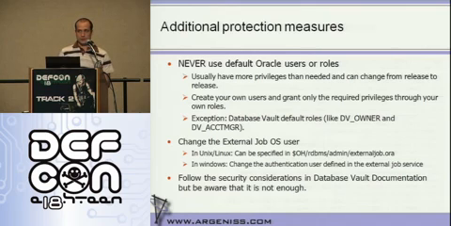We should take into consideration that we should never use the default Oracle users or roles. They generally contain a lot of system privileges, and they may change over time. We should create our own roles and grant the privileges that we know are needed for the job.